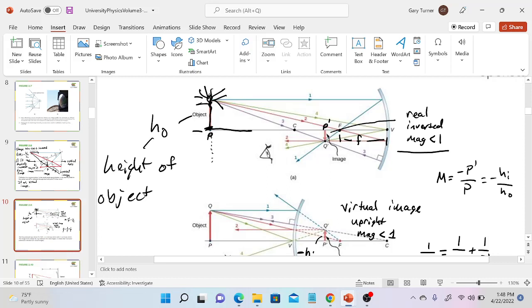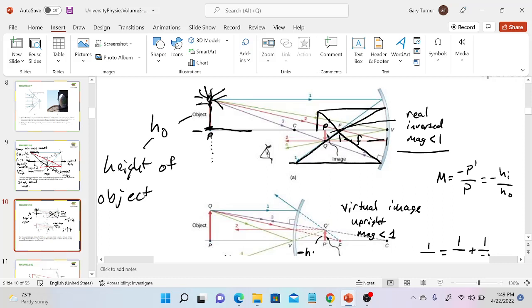If you put your object in between the center of curvature and the focal point, okay, let's see what happens here. Well, I would have something come in parallel and it gets reflected through the focal point. I'm going to have something go through the focal point and it gets reflected out here.